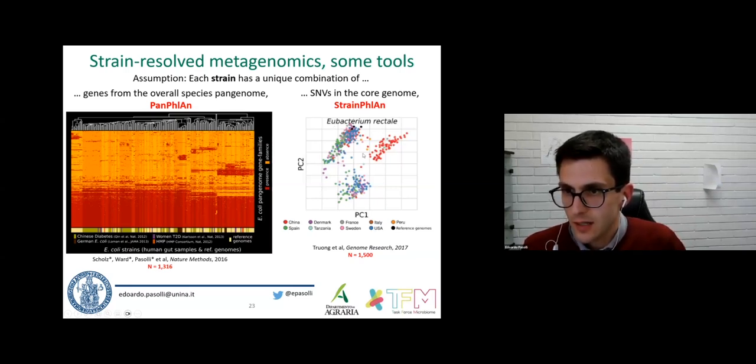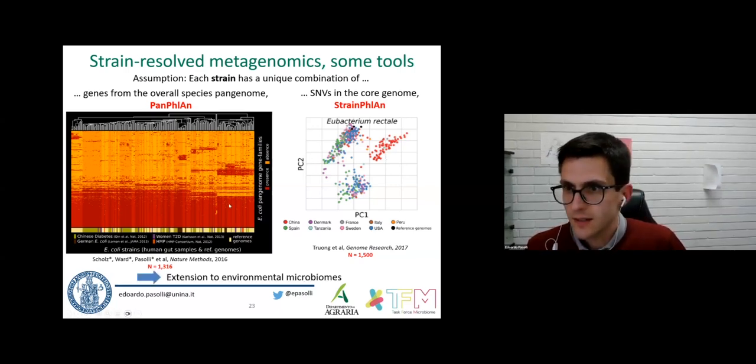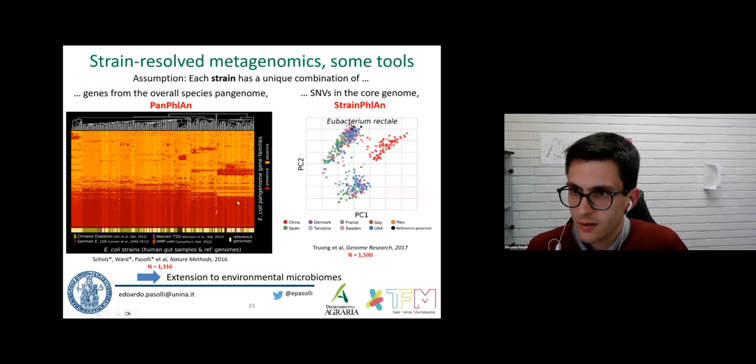Here again, each sample is a point. And for example, here we can identify major clusters that we can then associate with particular phenotypic characteristics. Of course, I would say these are tools that are more tested in the human microbiome field, but of course it's also important to adapt and test them on more environmental microbiomes.